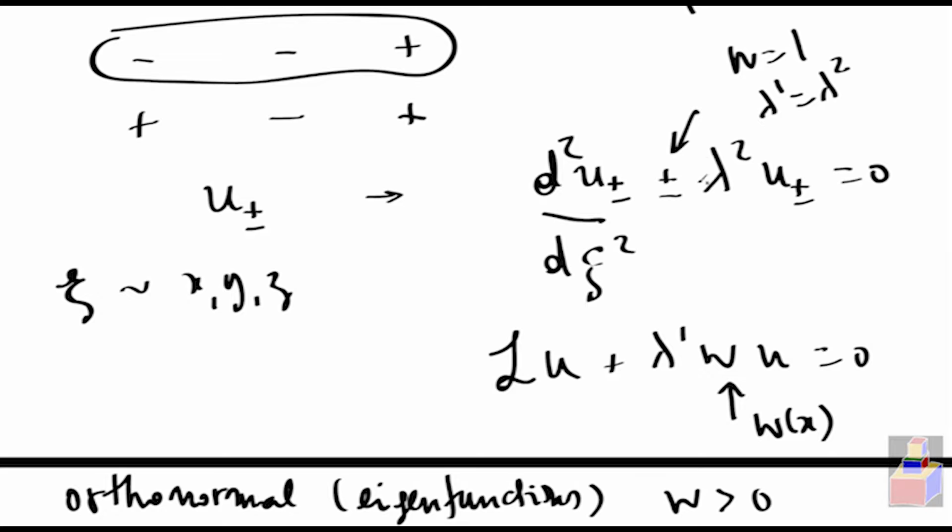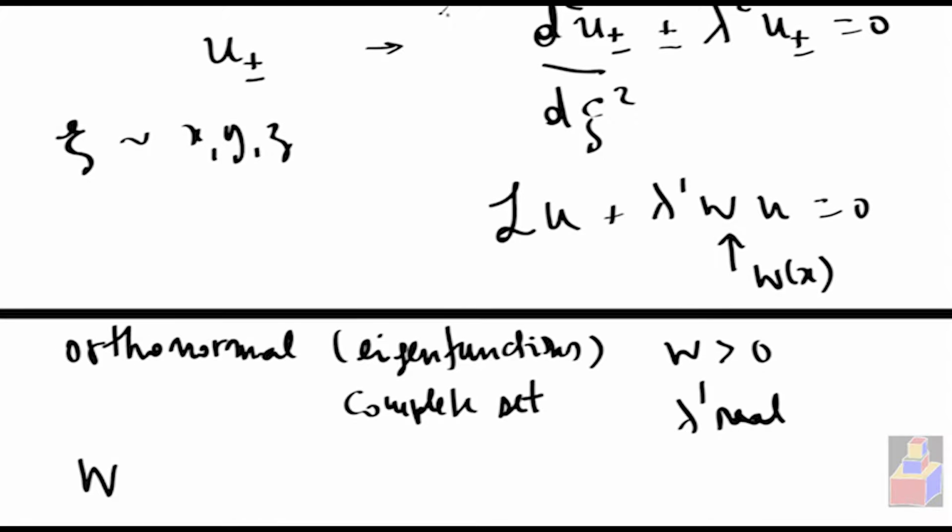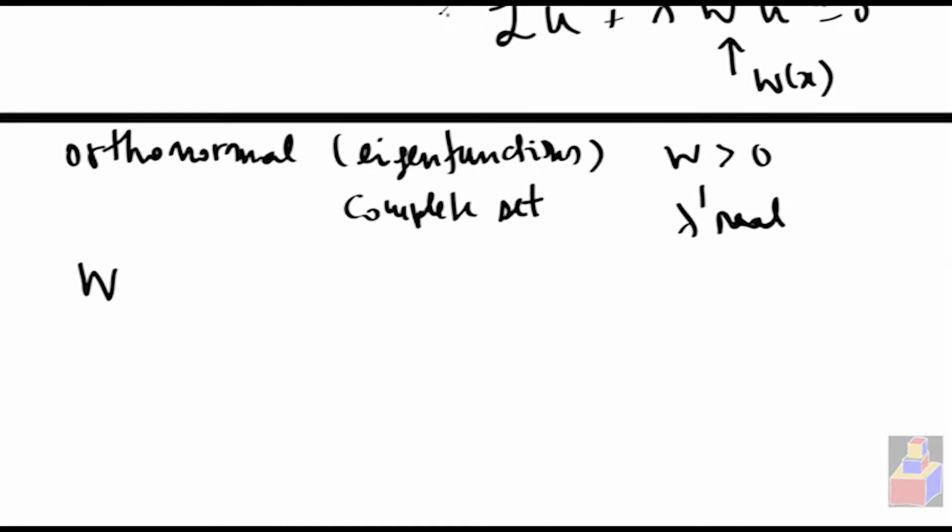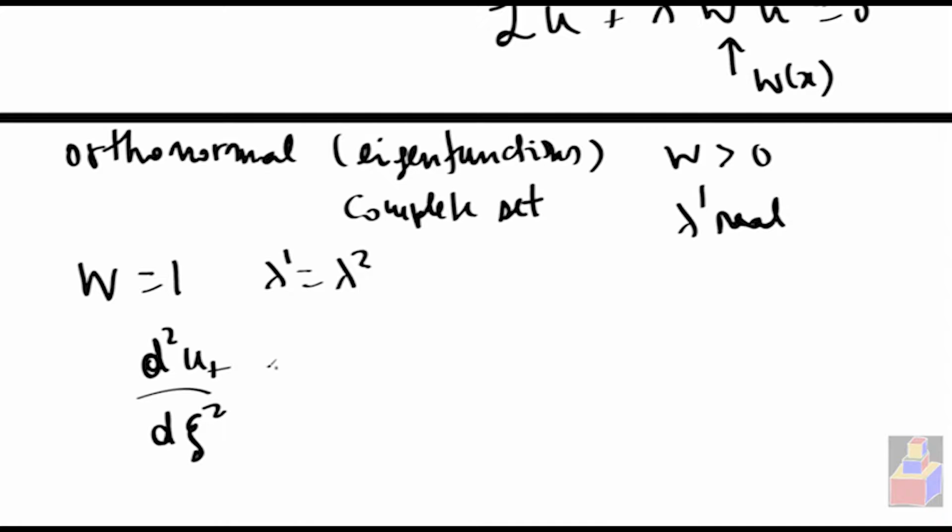And for w equals to minus 1, which would be the other case when you make a different sign, you're not going to have an orthogonal set of functions. Okay? So that's what we have here. So in fact, when you have w equals to 1 and lambda prime equals lambda square, the differential equation, which is this one, is in fact the harmonic oscillator differential equation, for which we know the solutions. They are sine and cosine functions. Okay.